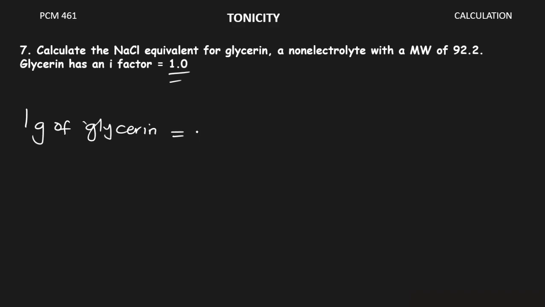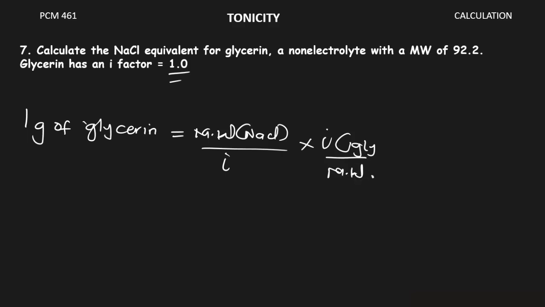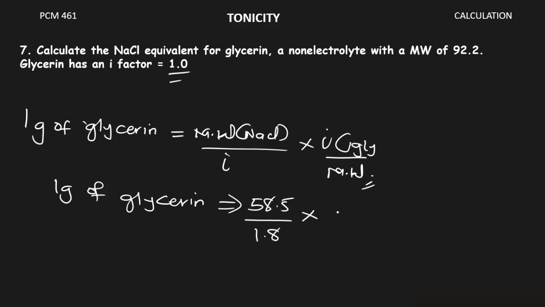Molecular weight of sodium chloride, 58.5, times the factor for sodium chloride, 1.8, divided by the factor for glycerin, 1, times the molecular weight of glycerin, 92.2.